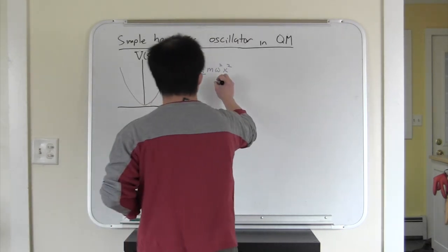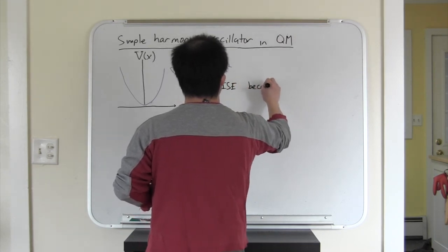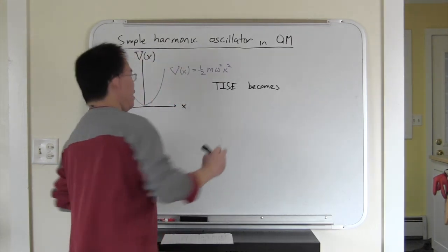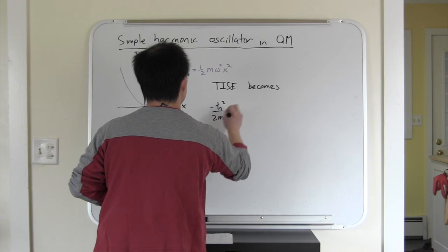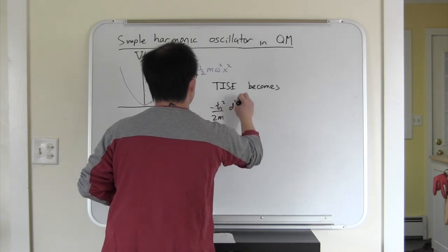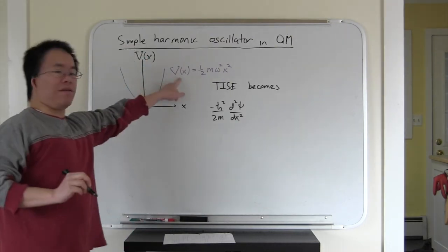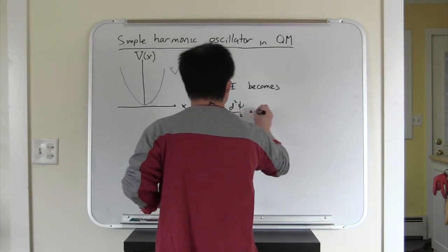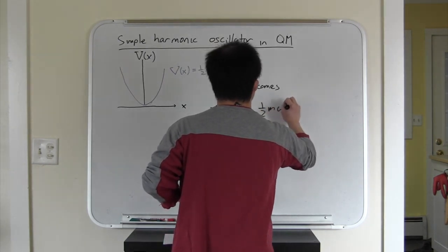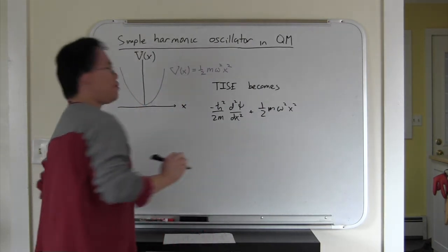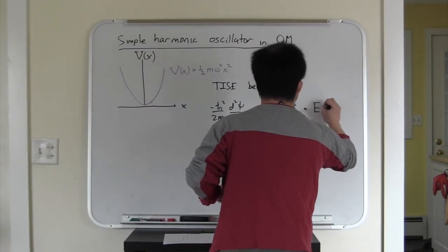The TISE becomes, okay, so we have our kinetic energy term as usual, d squared psi dx squared, but now we have this potential energy plus 1/2 m omega squared x squared equals E psi.